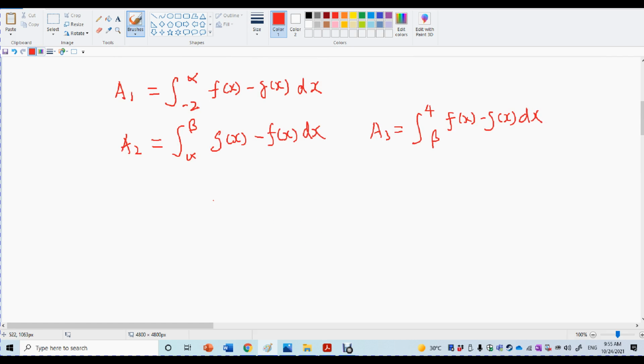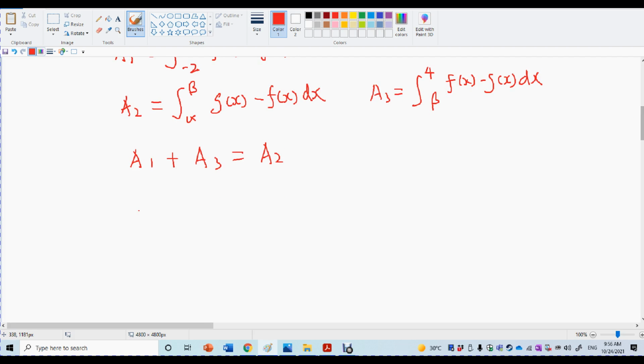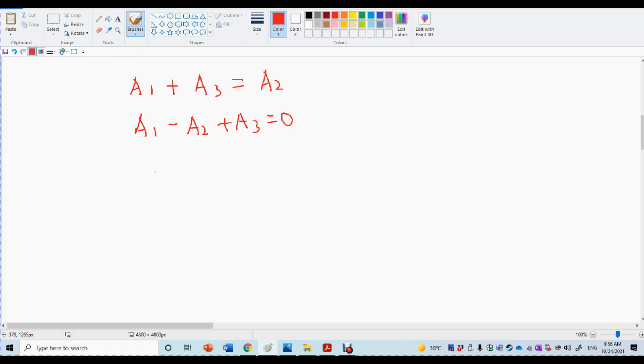So the condition for this task is that you must have area 1 plus area 3 equals area 2. I'm going to do a little trick by bringing A2 to the left hand side, so you will have area 1 minus area 2 plus area 3 equals 0. Now it's time to write those integrals into the equation.